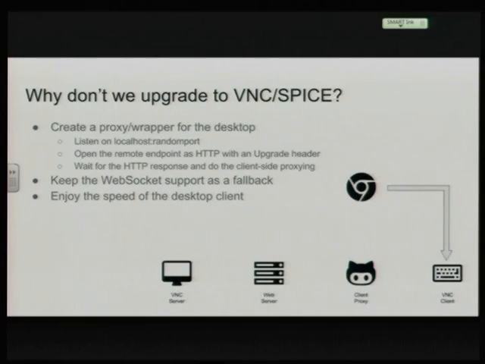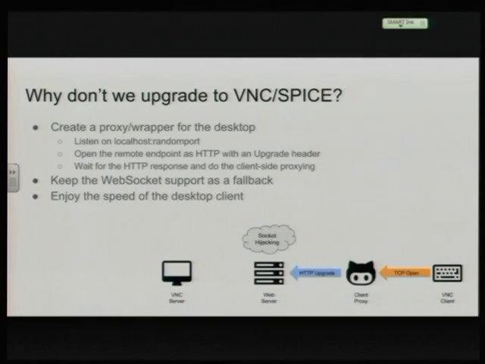You have to type it in the client. It's localhost something. Then the client connects to the proxy. The proxy sends an HTTP upgrade, which is getting hijacked as in the previous example, with the only difference that it will use TCP instead of WebSockets.